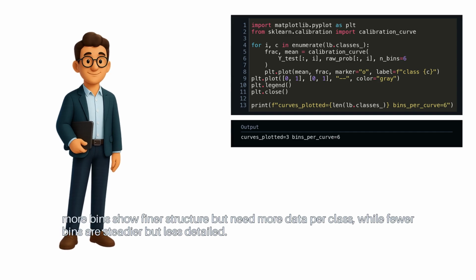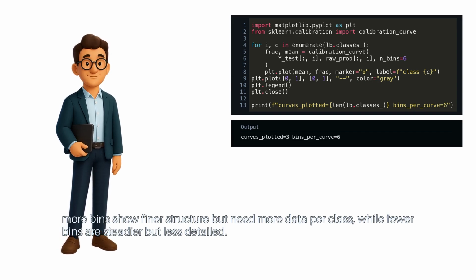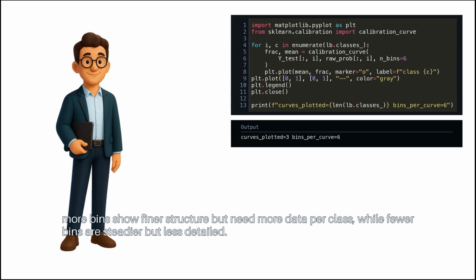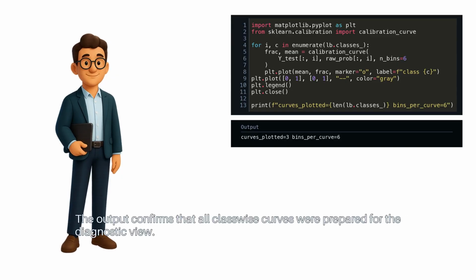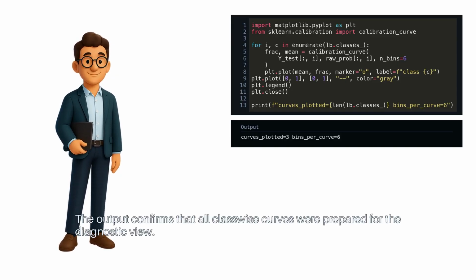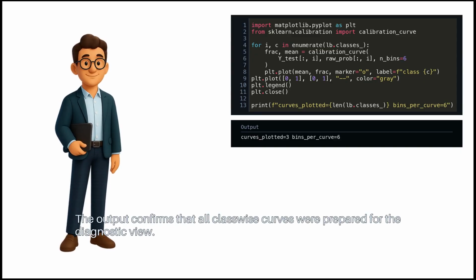More bins show finer structure, but need more data per class, while fewer bins are steadier but less detailed. The output confirms that all class-wise curves were prepared for the diagnostic view.